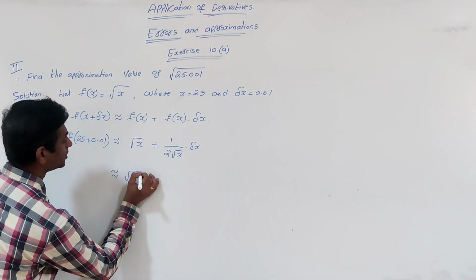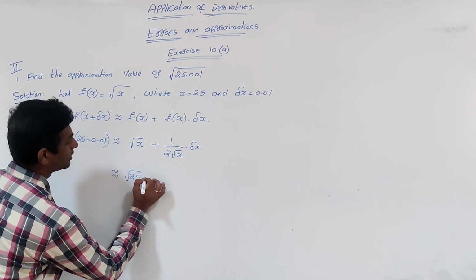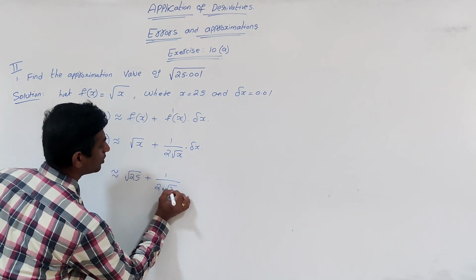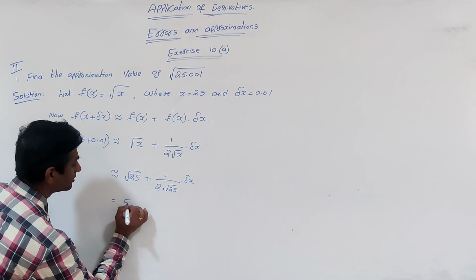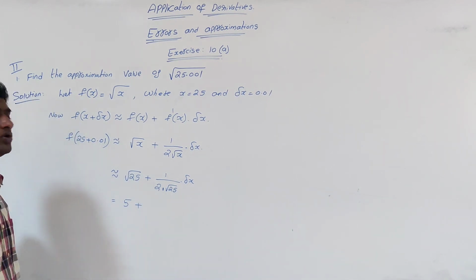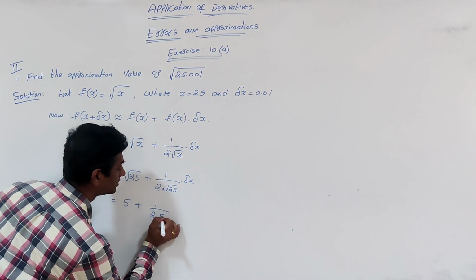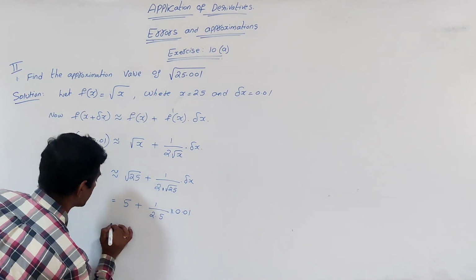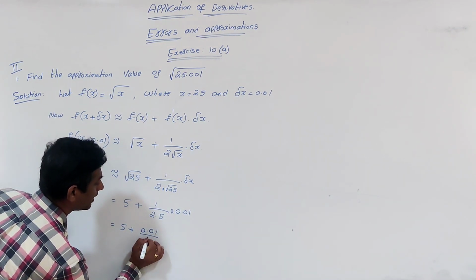Now x is 25, root 25 plus 1 by 2 into root 25 into delta x. So root 25 is 5, 1 by 2 into 5 into 0.001. So 5 plus 0.001 by 10.